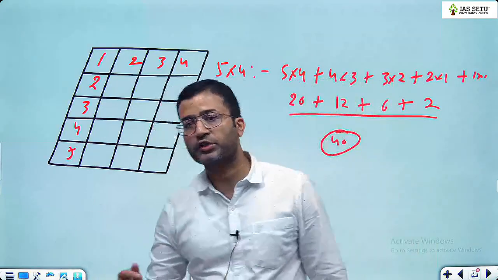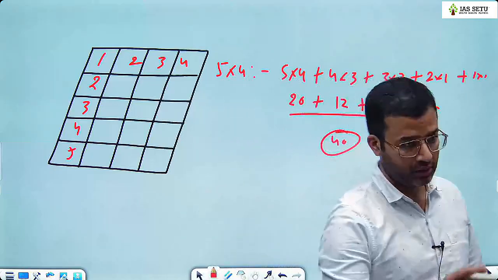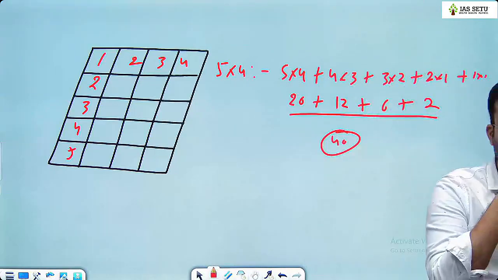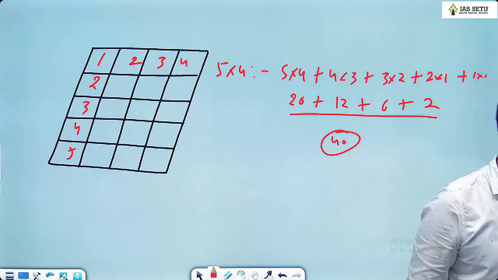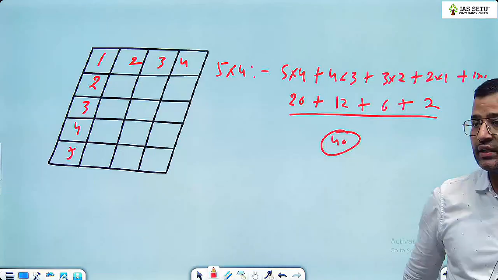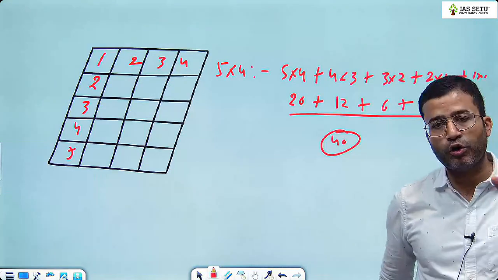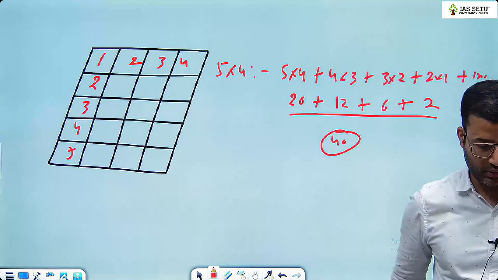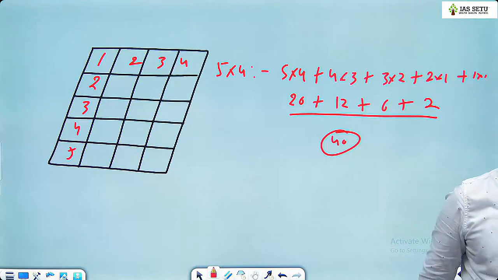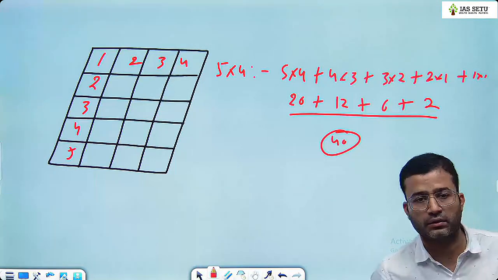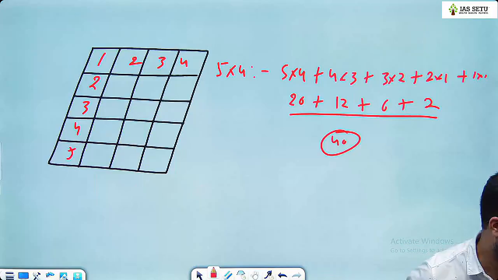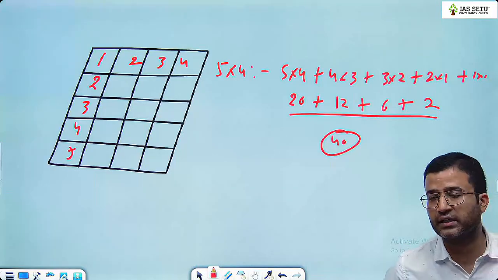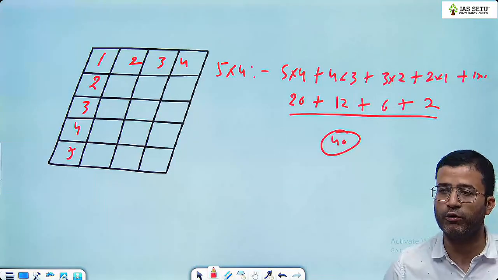Here also they ask questions without the figure. I give you a question. There is a set of 4 parallel lines intersecting another set of 4 parallel lines.